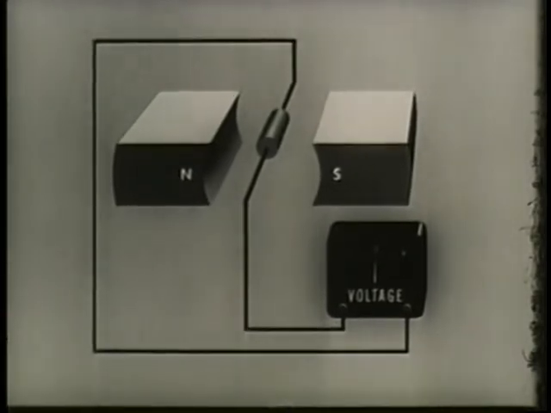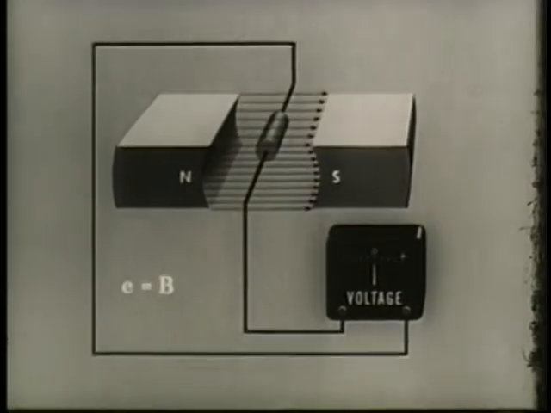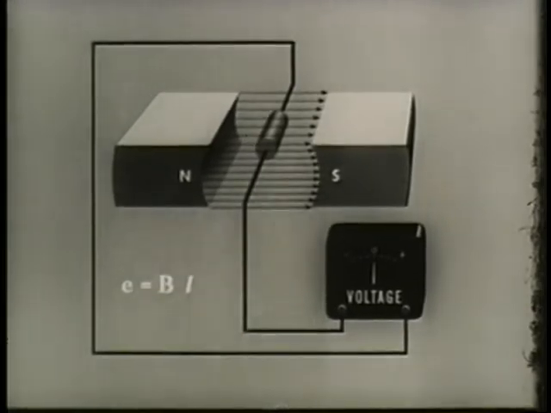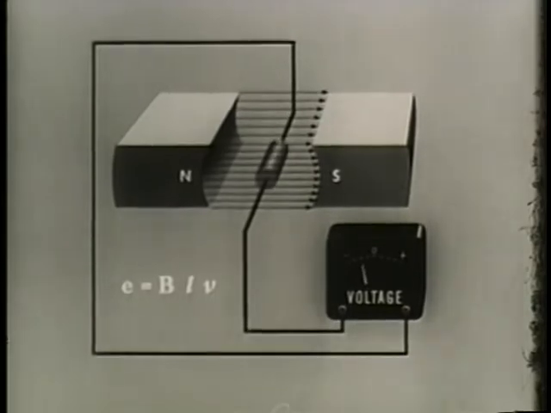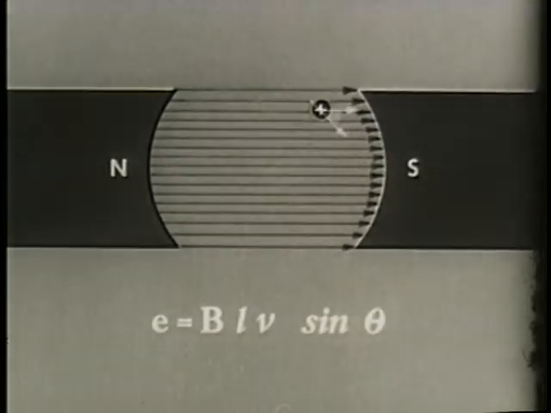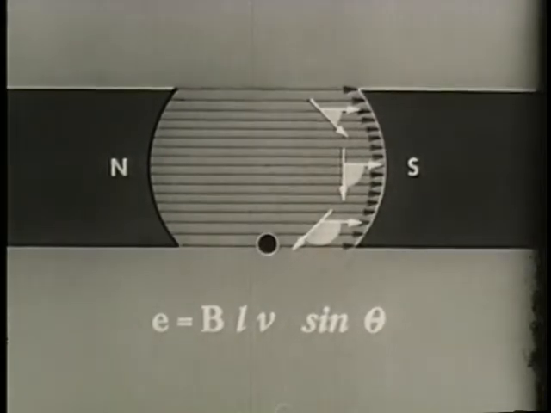The generator output E, or instantaneous EMF, equals B, strength of field, times L, length of the conductor, times V, velocity of the conductor. But because the movement of the conductor in the field is actually circular, we must also multiply with the sine of the angle formed by the lines of force and motion of the conductor in order to arrive at the EMF.